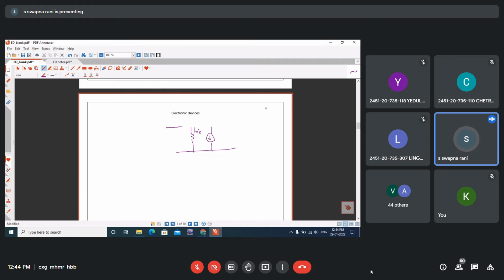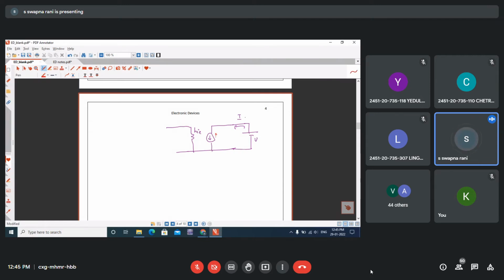The same approximate model, I am just modifying it. So there was a resistor RL, but I have disconnected this resistor and I applied a voltage V, and let I be the current given by the voltage source V.